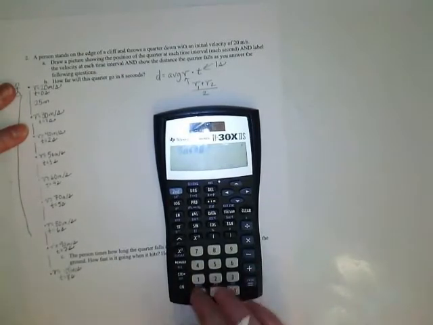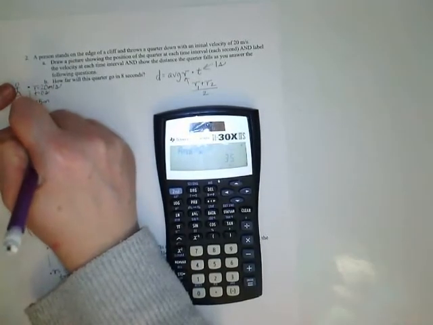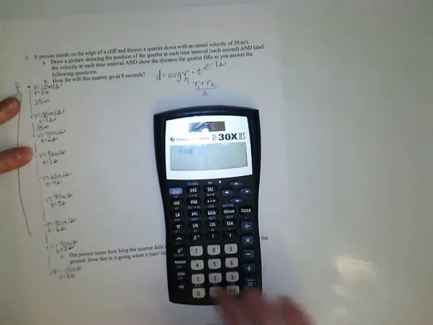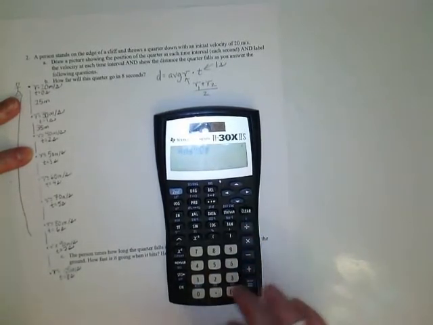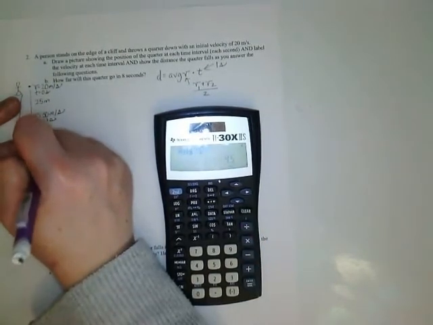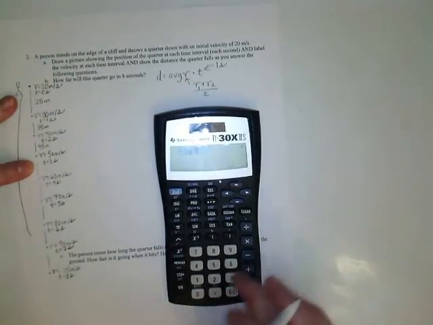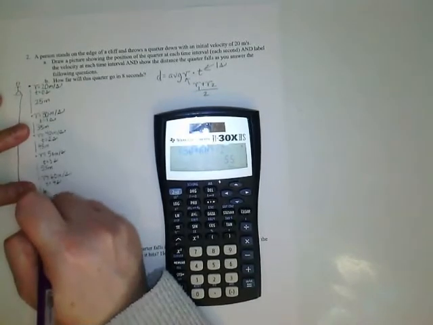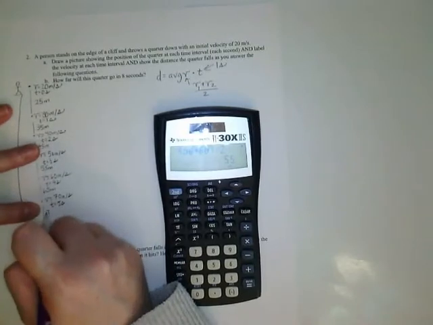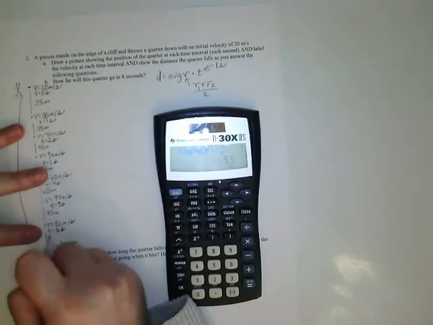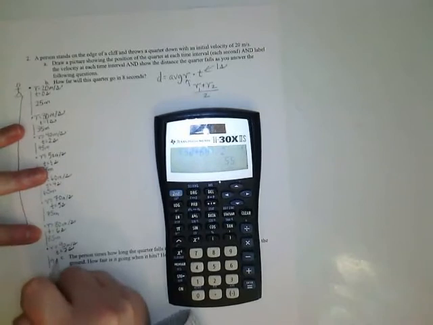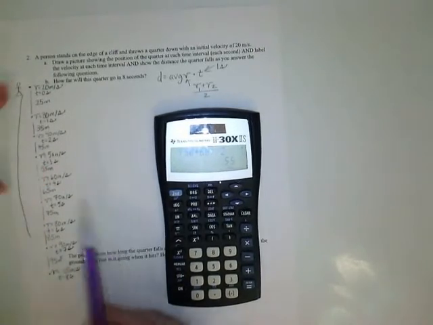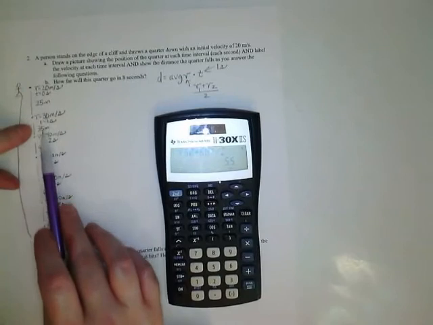30 plus 40 divided by 2, 35 meters. 40 plus 50 divided by 2, 45 meters. 50 plus 60 divided by 2, 55 meters, right? And there's that pattern. This is going to be 65 meters. This is going to be 75 meters. This is going to be 85 meters. This is going to be 95 meters. Now, remember, that's only the distance it fell in each second.